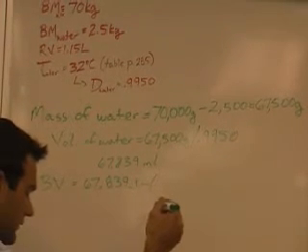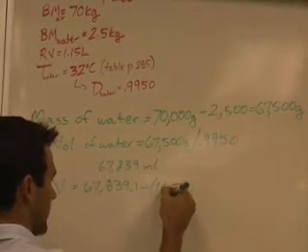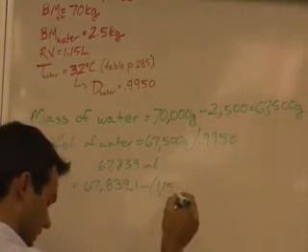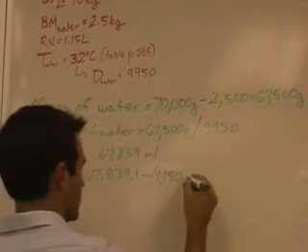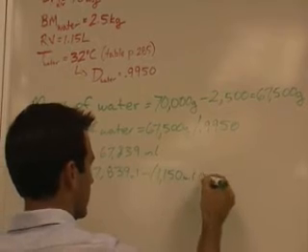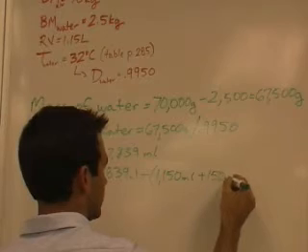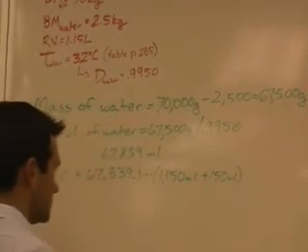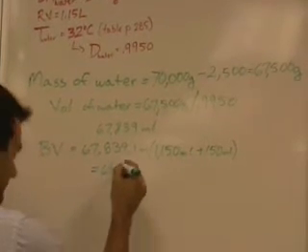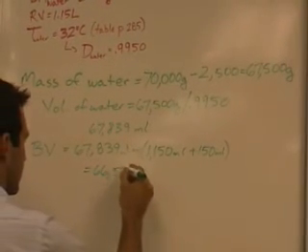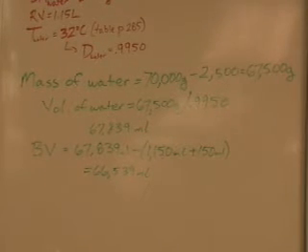So 1.15 liters multiplied by 1,000 is 1,150 milliliters. And then we will estimate gastrointestinal volume at 150 milliliters. That gives us 66,539 milliliters for body volume.